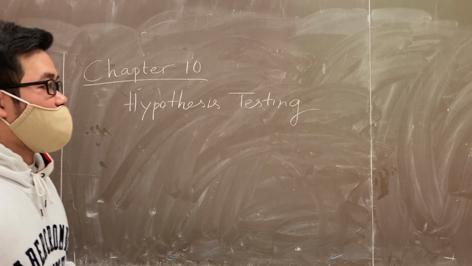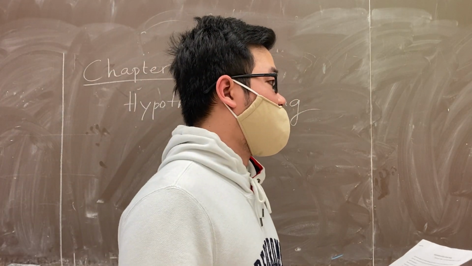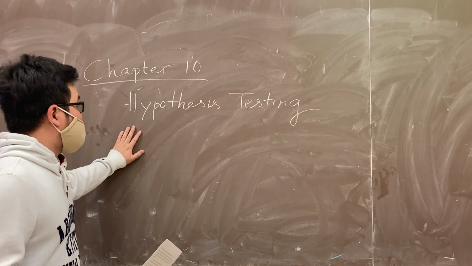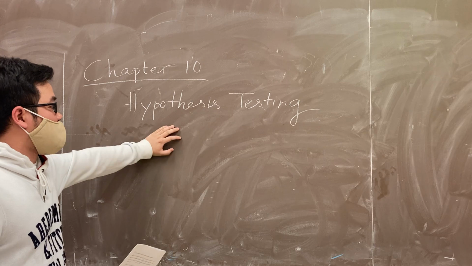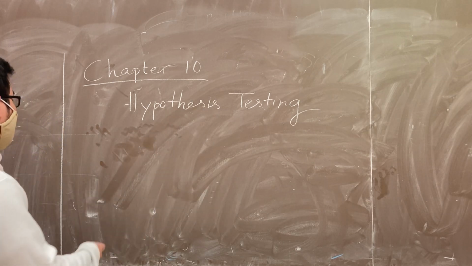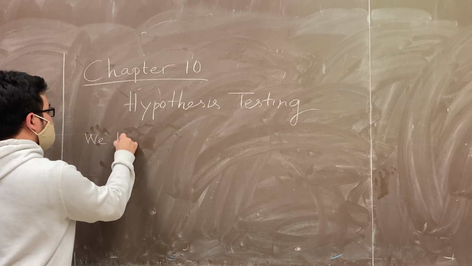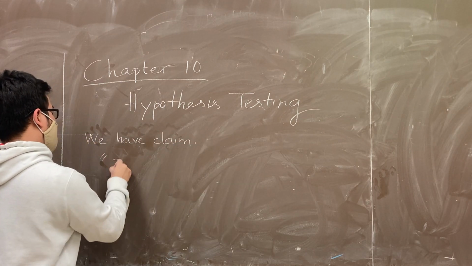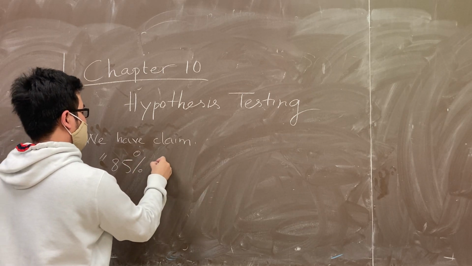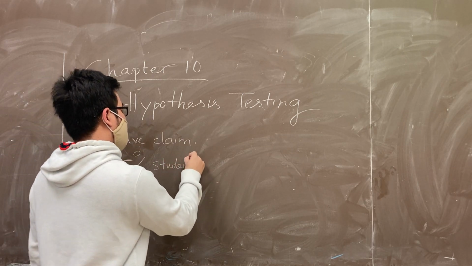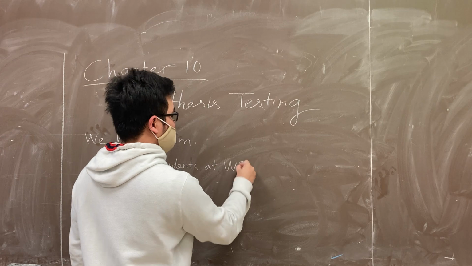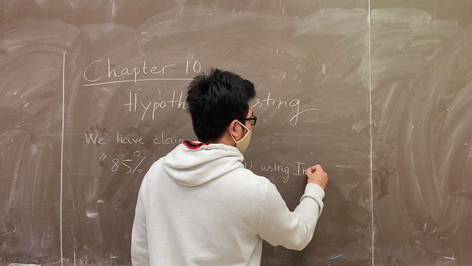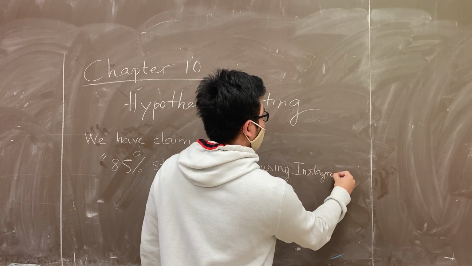When we have a statement, we will test it. How do we test this claim? For example, we have a claim like 85% of students at Western University use Instagram.